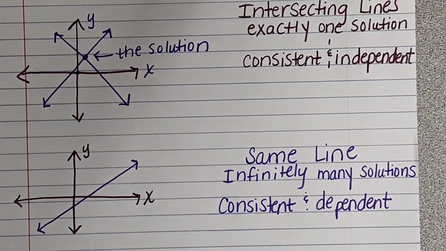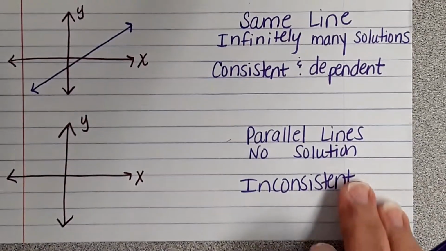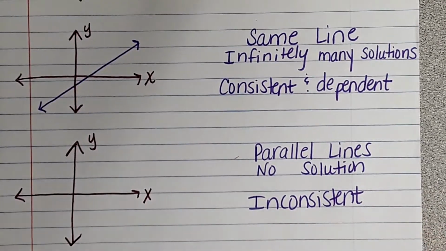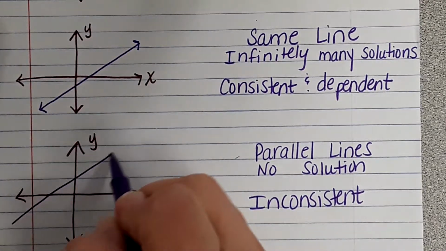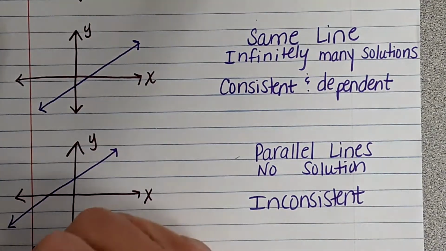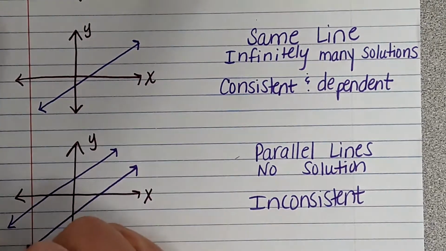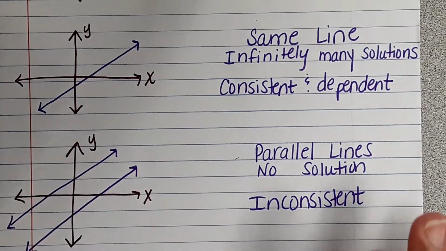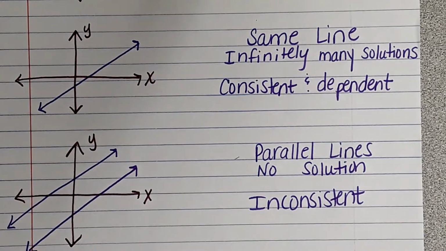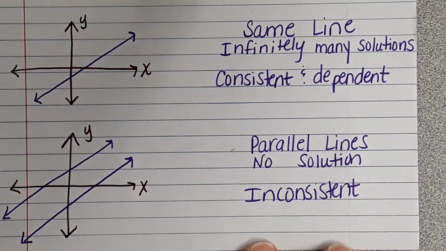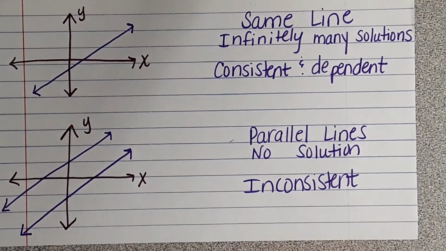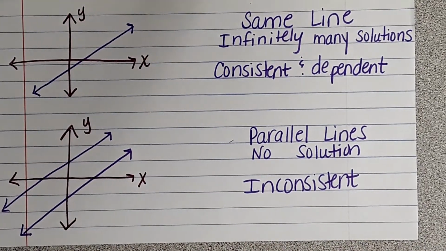That's parallel. Yep, so there are going to be 2 parallel lines. You're going to get 2 intersecting lines, 1 line, or 2 lines that never intersect. That's because they're parallel lines and they have no solution.